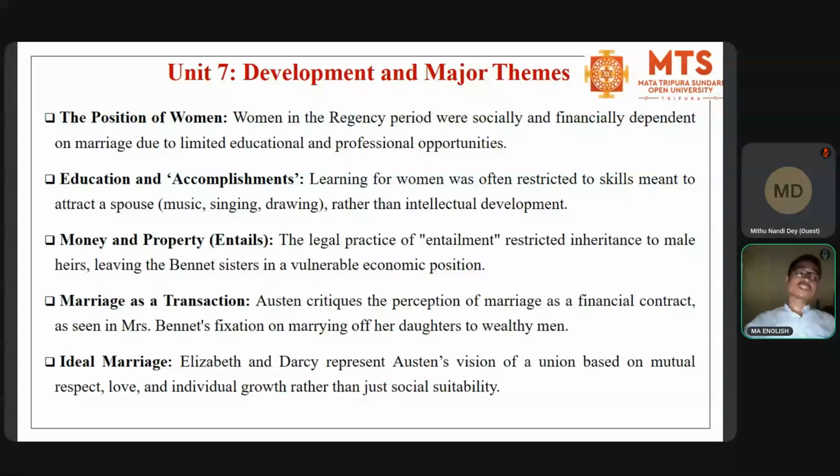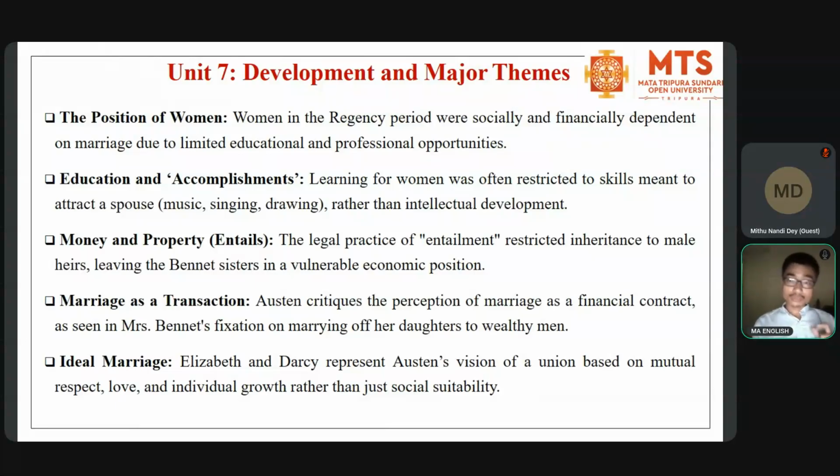Even today in our Indian social setup, only the men have the legal rights to get the inheritance, the generational wealth of their parents and grandparents. The same thing happens here. We will understand this when we summarize the story.